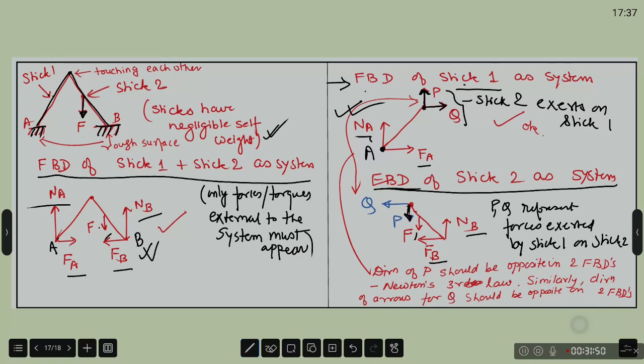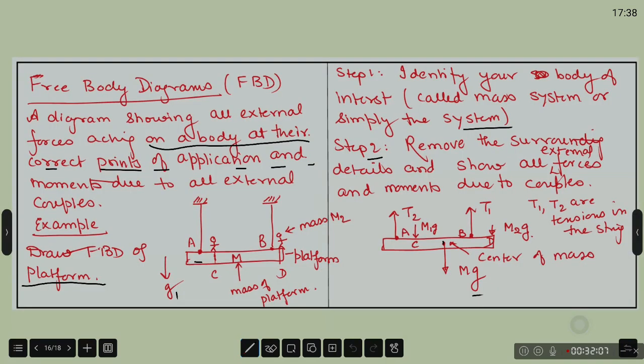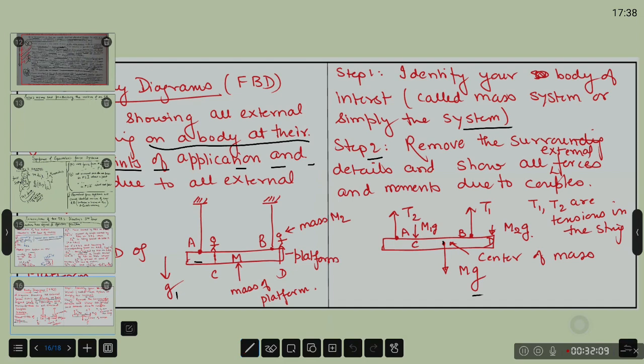What I showed on the previous slide. I am using this: FR12 should be equal to minus FR21. Newton's third law in action, in implementation.